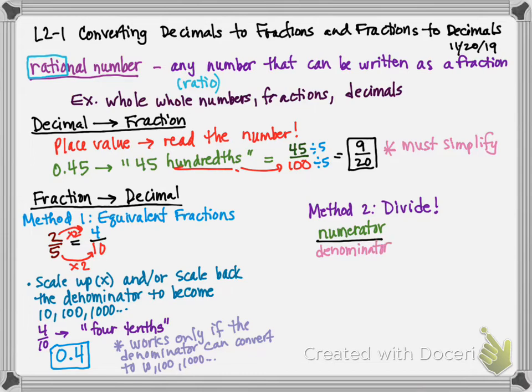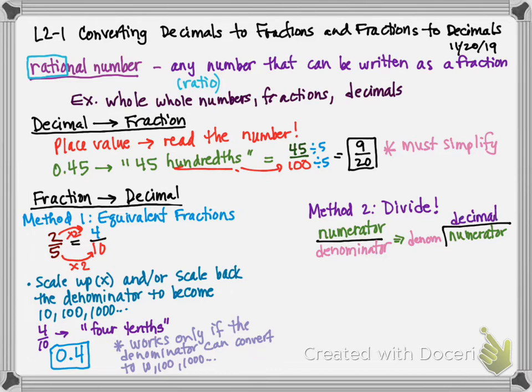Okay, so what are we going to do? We're going to take that numerator and we're going to divide it by the denominator. I'm going to abbreviate that to denom. Okay? And the quotient we'll get will be a decimal.